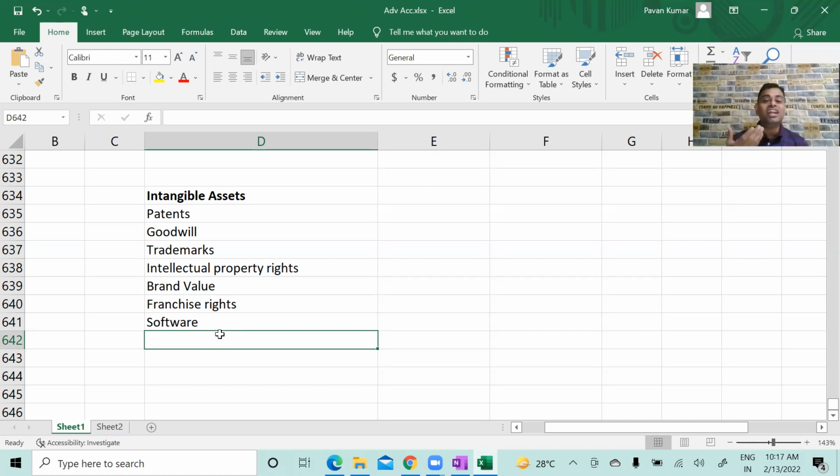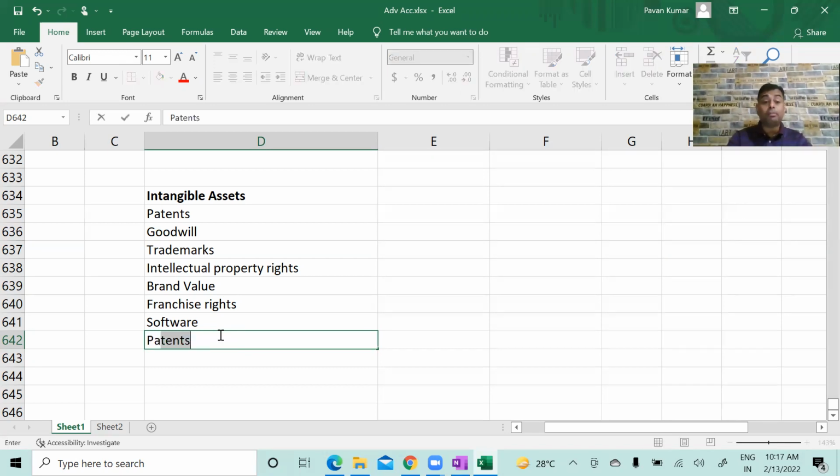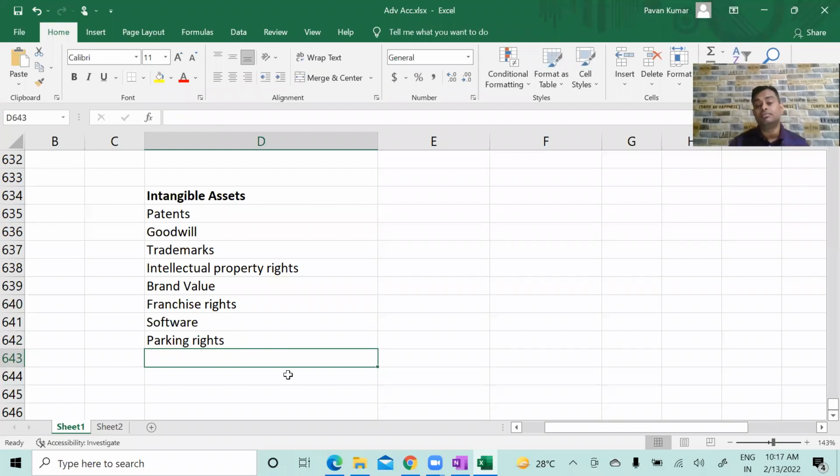Your scooter itself will be towed away if you park in a wrong place, correct? Yes, sir. So these airport parking lots, parking rights, are a very big intangible asset. Probably you will have to pay crores of rupees for that, isn't it? Yes, sir. So that is an intangible asset.